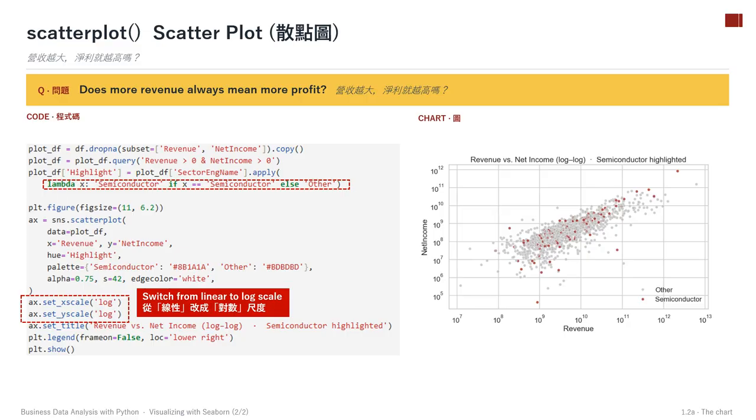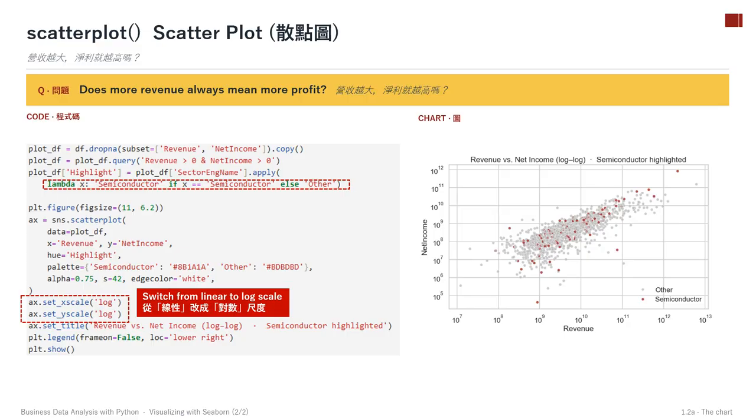These two conditions need to be true, and then we will run the code. If one is false, it will not run this one. So revenue is bigger than 0, and net income is bigger than 0, and I will use this data. And later I define another column, highlight. And how to define that? I'm using the lambda.